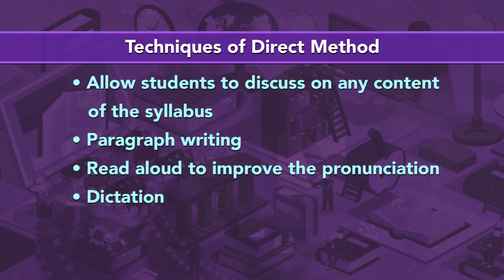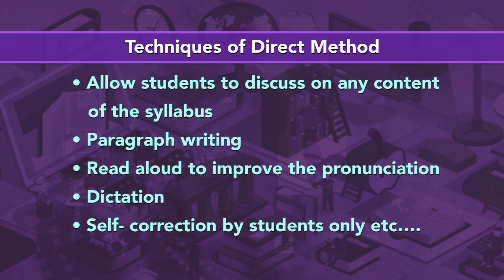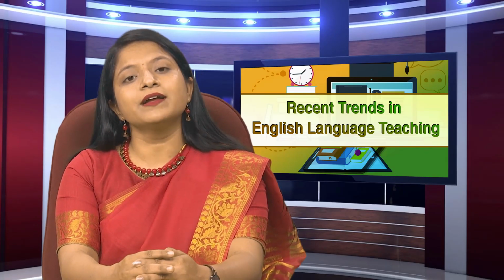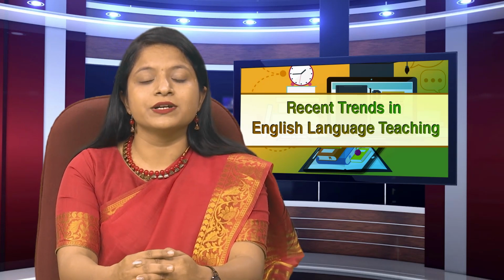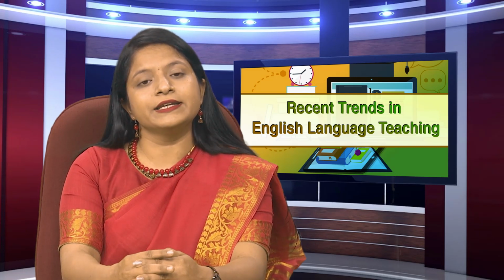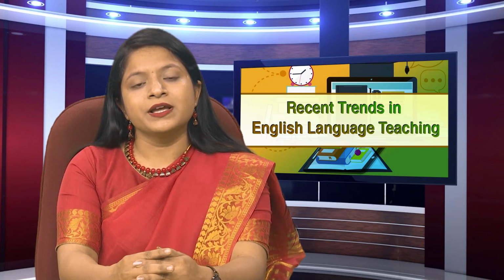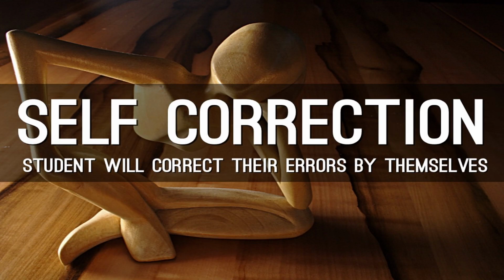Another method a teacher can apply is dictation and self-correction by students only. As a teacher, we can make groups of about 5 students and ask them to prepare any content, like dialogue writing, essay writing, report writing, or anything else, then exchange their sheets among different groups and ask them to correct them. Then the teacher can correct it and guide the students to make it more meaningful.